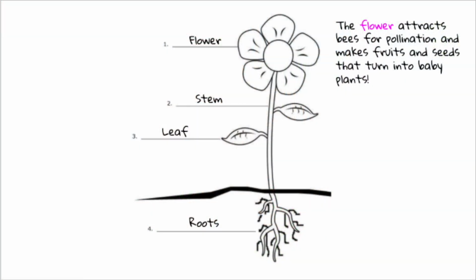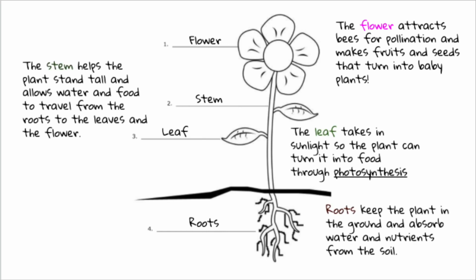The flower attracts bees for pollination and makes fruits and seeds that turn into baby plants. The bright colors and the big shape means more bees can land there. All of the plant parts work together to help the plant survive. The roots keep it in place, the stem helps it stand tall, the leaf makes the food, and the flower attracts pollinators.